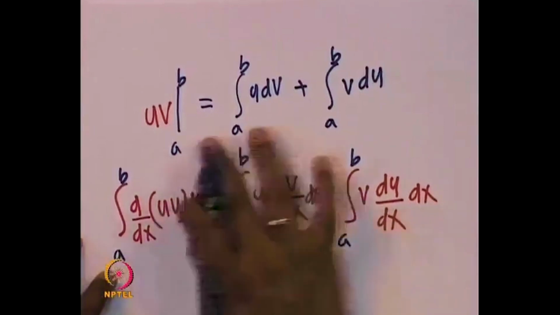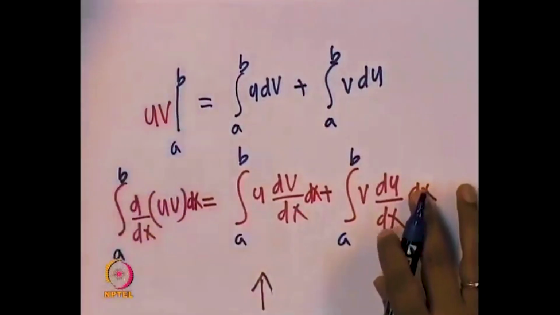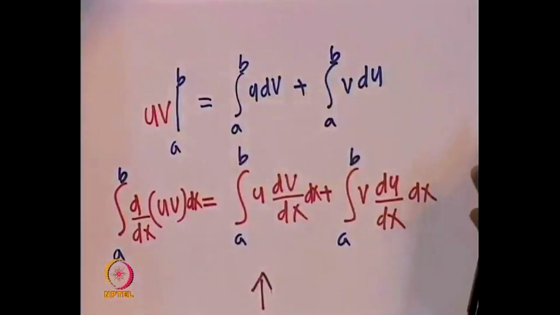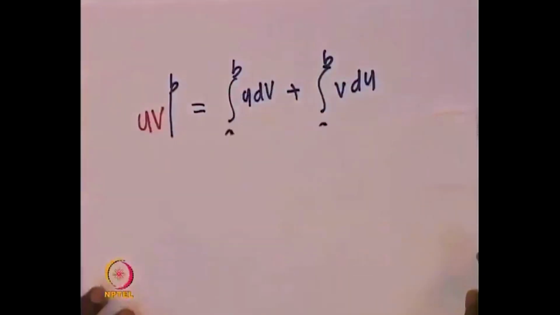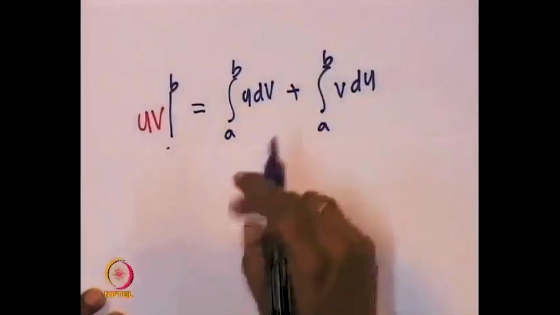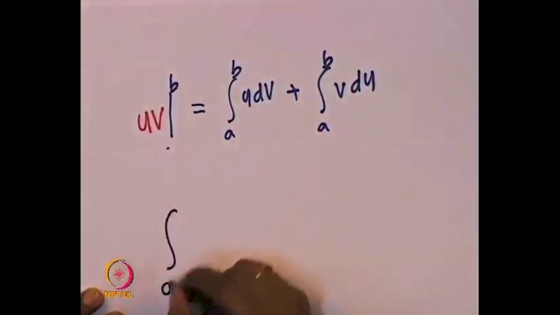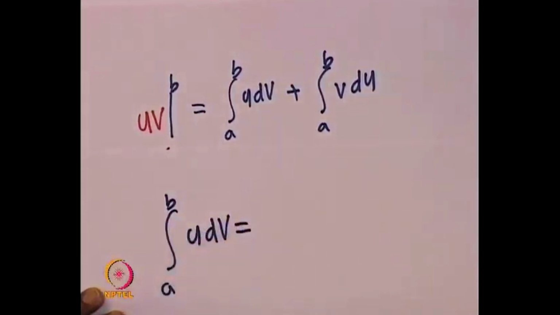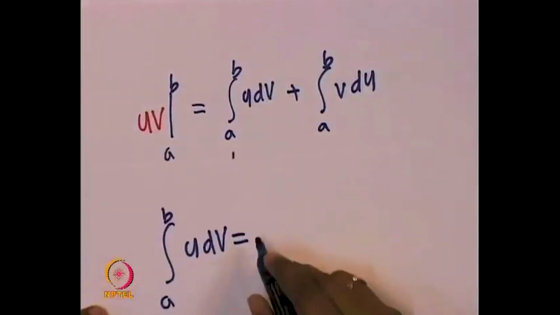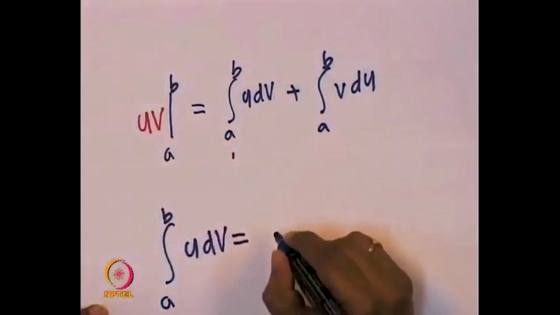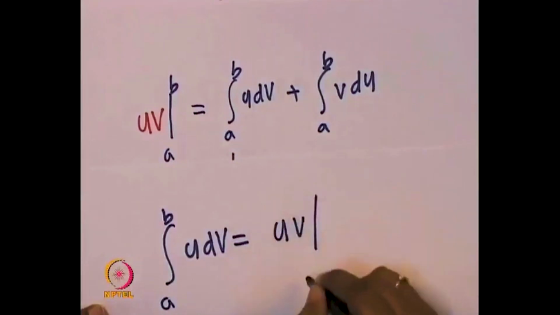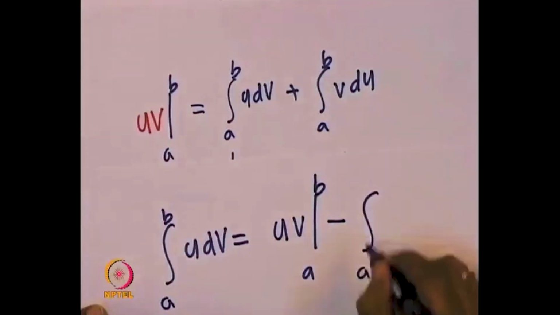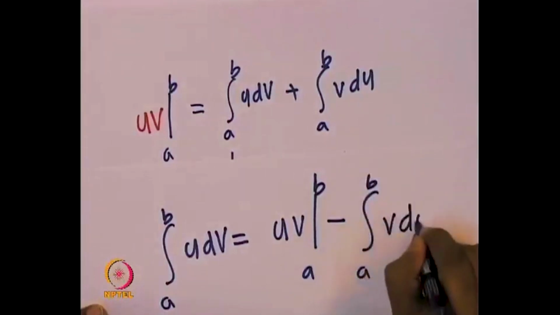So, we have an interesting formula here. What do we have in the formula? Let me write this in a slightly different way. Integral a to b u dv is equal to uv in the limits a to b, minus integral a to b v du.